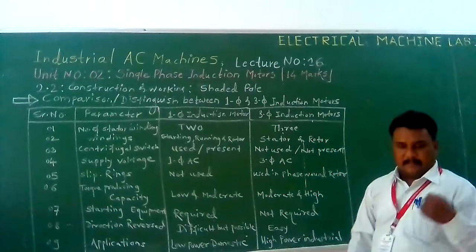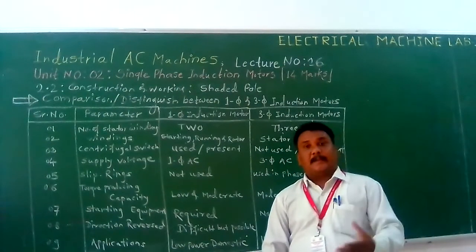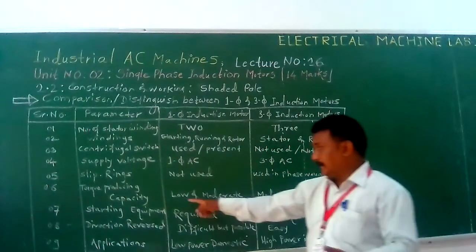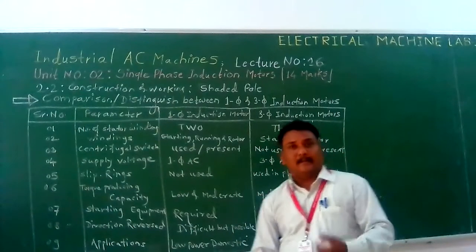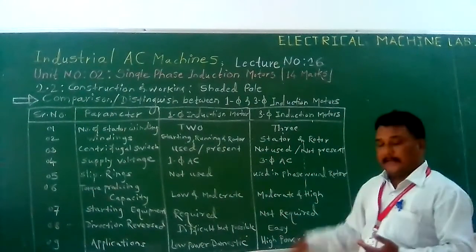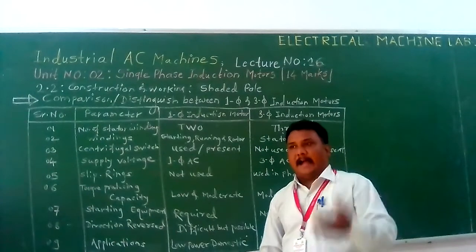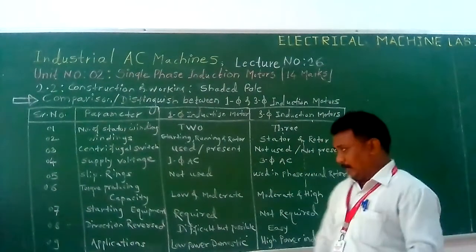Now the sixth parameter is torque producing capacity. A single phase induction motor has low to moderate torque producing capacity. But a three phase induction motor has moderate to high torque producing capacity because it works on a three phase supply.